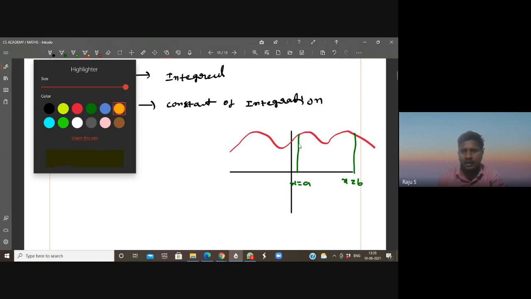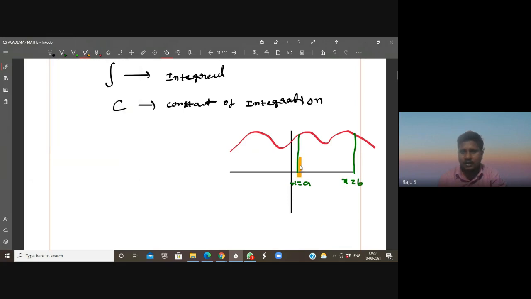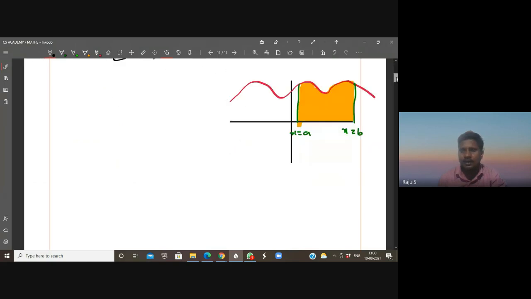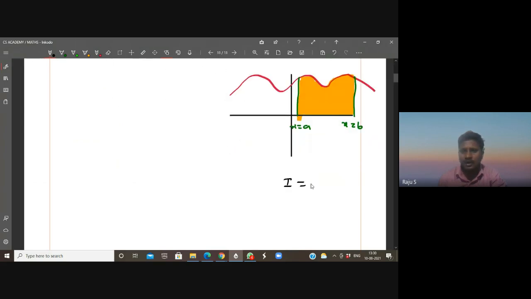I want to find the area of the region between a and b of the given curve, just this area alone, from x is equal to a to x is equal to b. In that case, how do we write the integration? I is equal to integral a to b f of x dx.